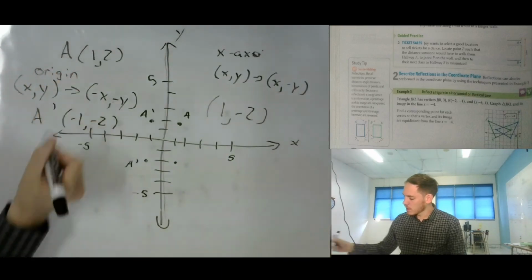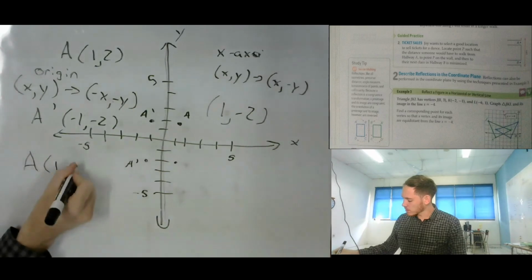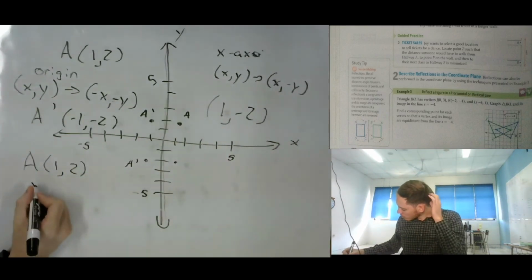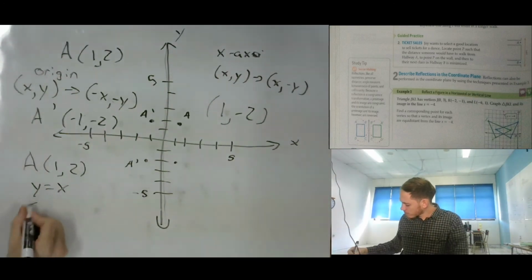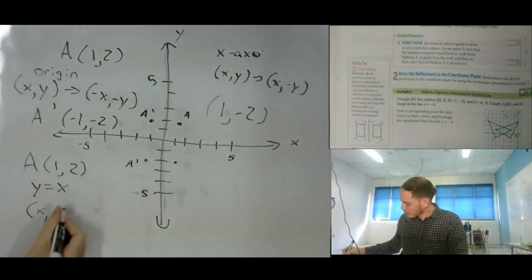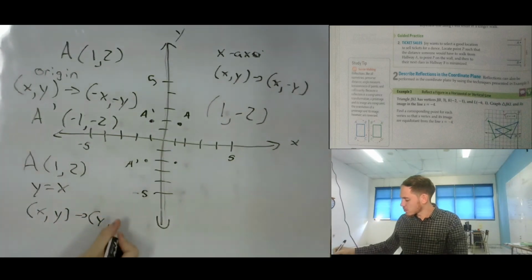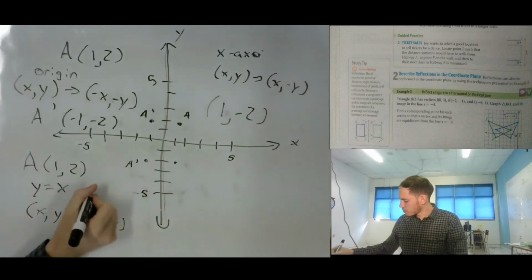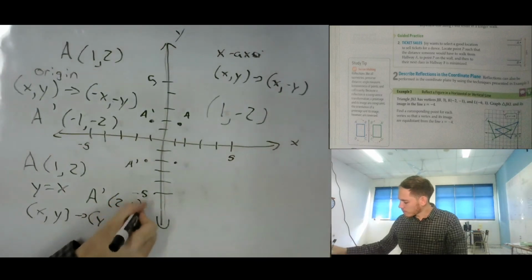Okay. And finally, if we have our point, and then we have the line y equals x, you're actually going to flip the numbers. So your output and input are going to switch. So in this case, our new point, A prime, is going to be 2, 1.